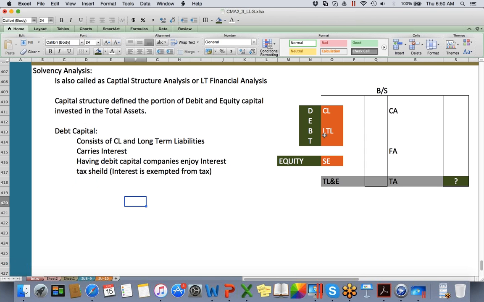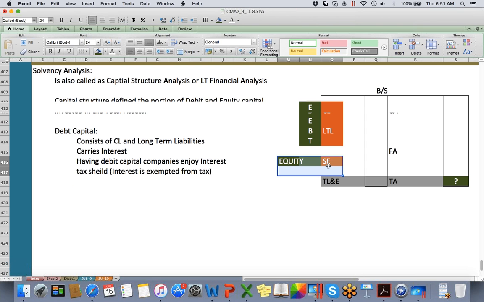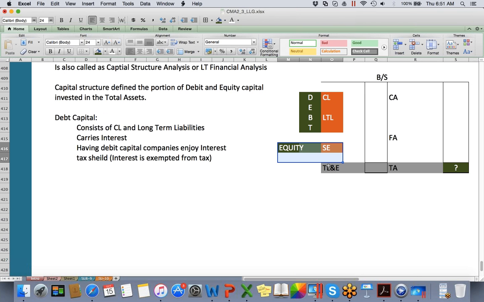This is the reason why companies operating in highly taxable countries like to have more debt portion and less equity portion, because they pay interest and claim it from their revenues. Remember in the income statement, EBIT minus I, that is the taxable amount, EBT, and on EBT you will pay tax.